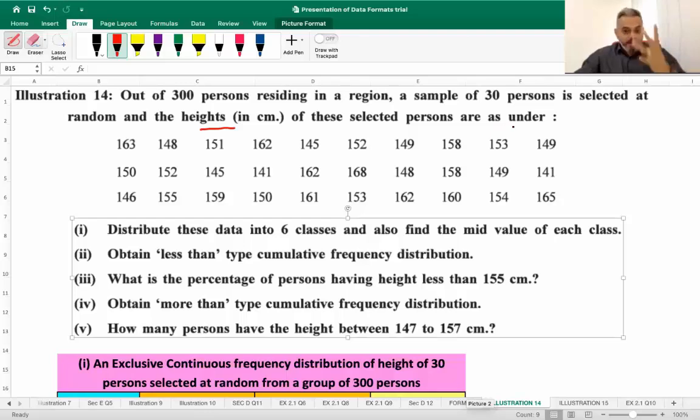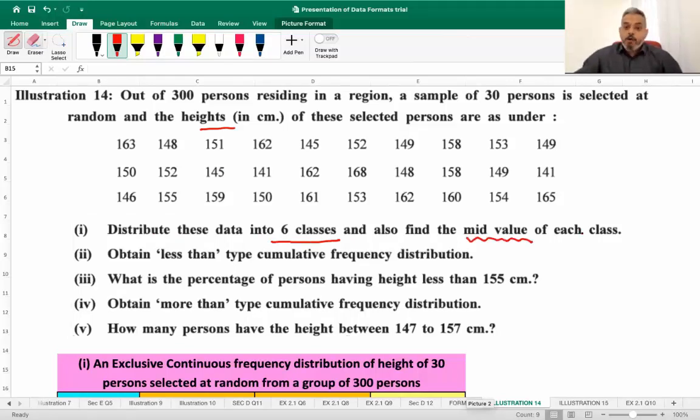So there were 300 people. Out of that 300, I took a sample of 30. Now, these are the heights in centimeters. It's raw data. Now, what we have to do? The first one, distribute these data into 6 classes and also find the mid value of each class.